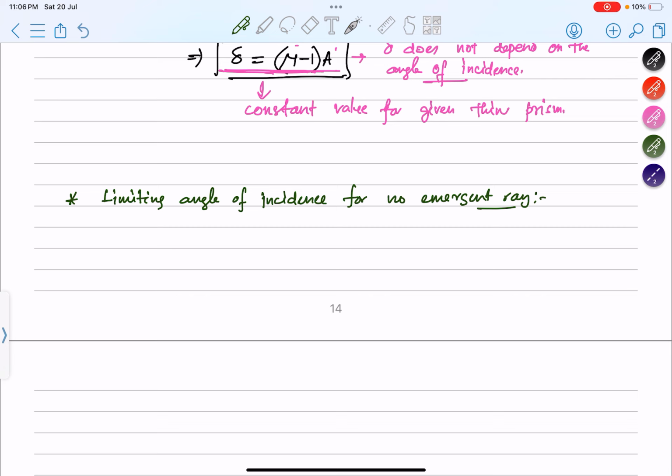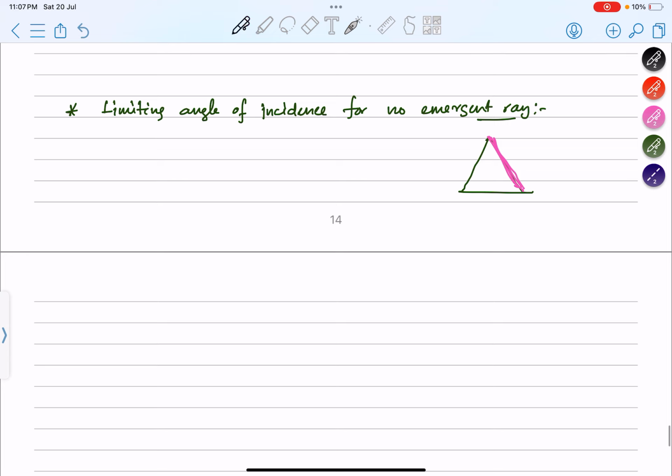So if I increase the angle of incidence, sometimes it might happen that there is no emergent ray from this refracting face of the prism. Can it really happen? Let us find it out.